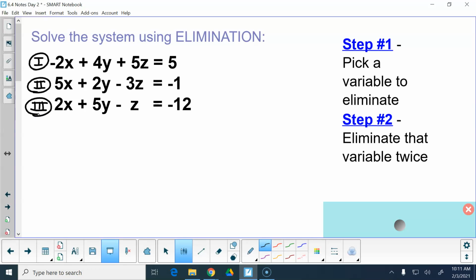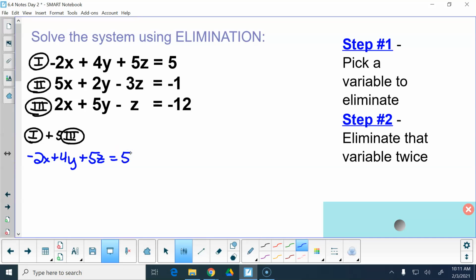So to eliminate z, I would probably go with equation number 1 plus 5 times equation number 3. So if I did equation number 1, that would be negative 2x plus 4y plus 5z equals 5.